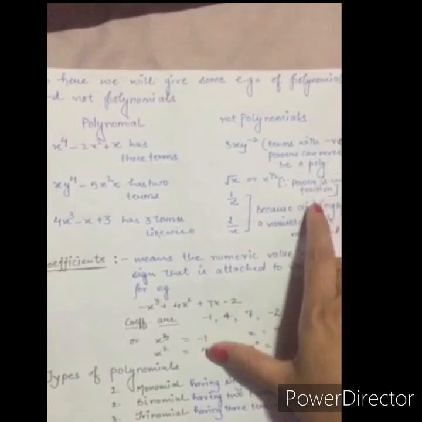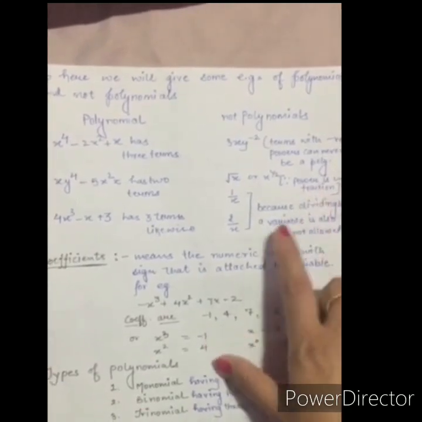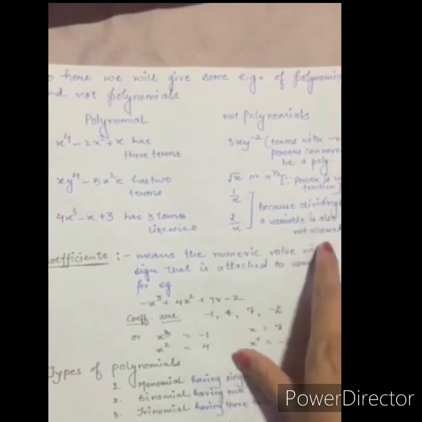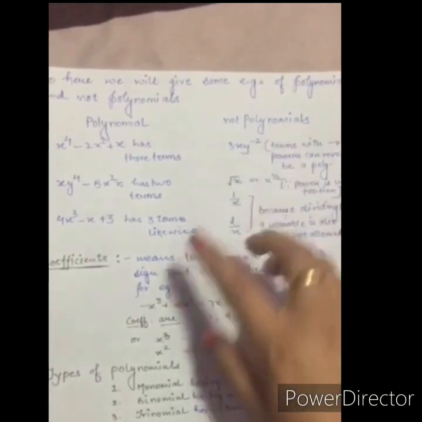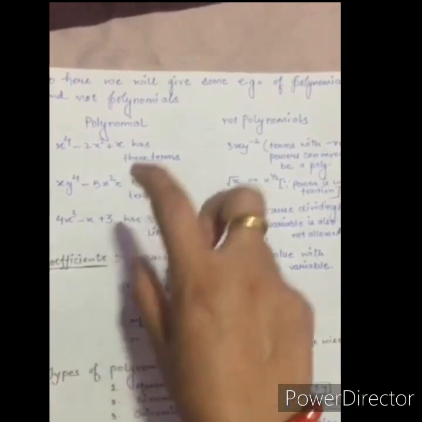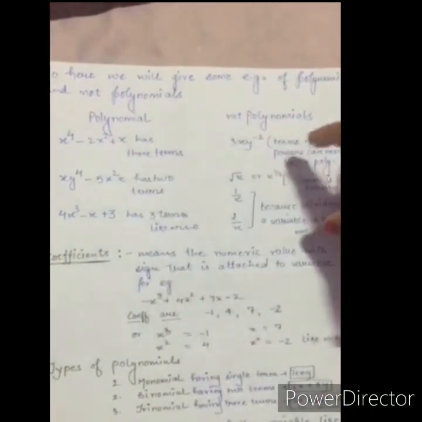A power in the form of a fraction can never be a polynomial. If a variable is in the denominator, then also we will not call it a polynomial. So it will be very easy for you to distinguish which are polynomials, and these are the conditions which are not called polynomials. Okay, let's move to the next topic.